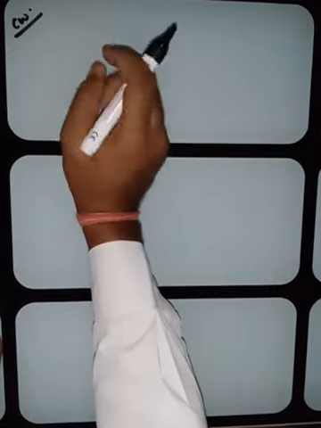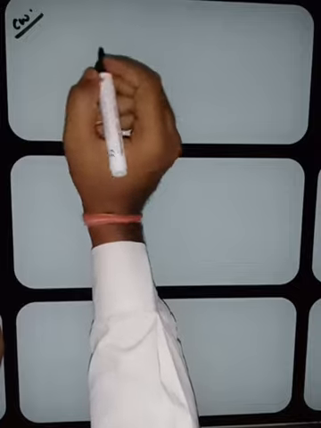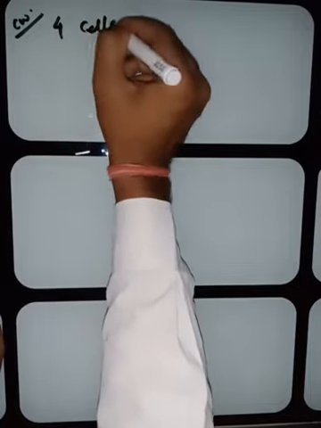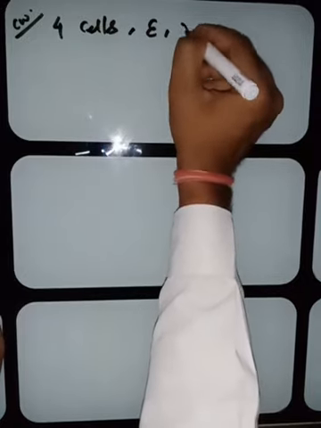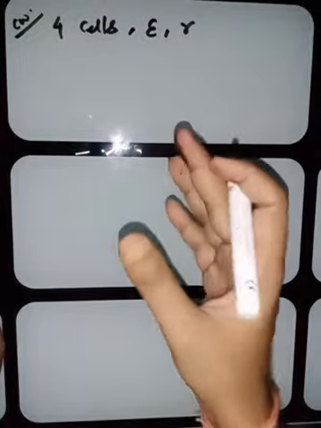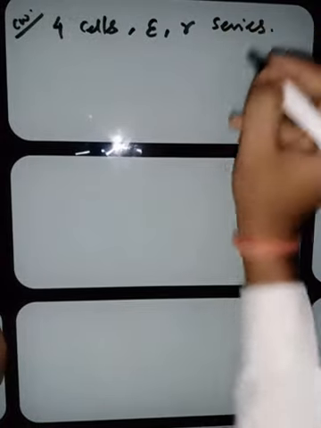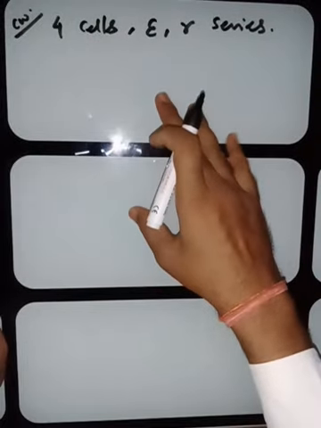The question is: 4 identical cells of EMF E. How many cells? 4 cells. Each having EMF E and internal resistance R are connected in series.